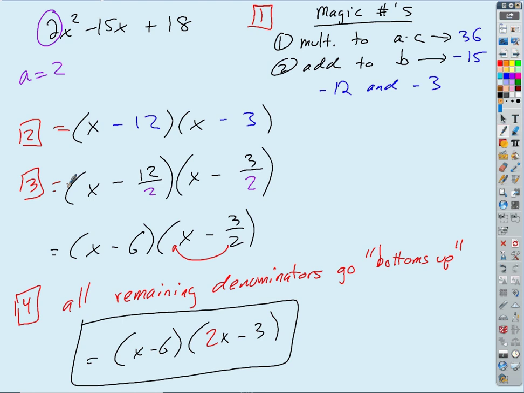This is not equal to that, is it? Nor is it equal to that. Nor is it equal to that. What we started with is only equal to what we get in the very last step. It's not equal to any of the intervening steps, which is why I really don't like bottoms up. It's not a truly algebraically rigorous process. I mean, it gets you the right answer. It's kind of a trick, is really what it is. Okay, here's a better way to do it.